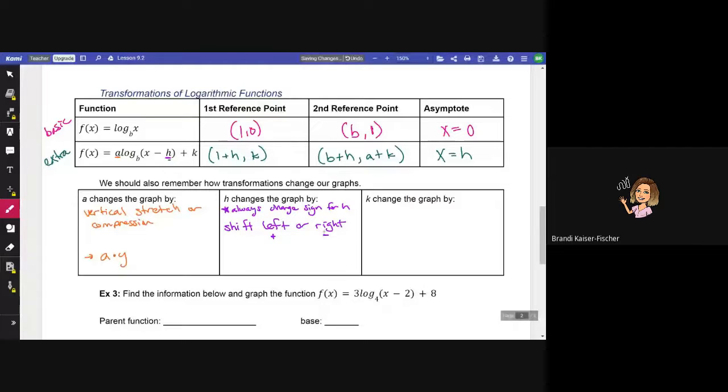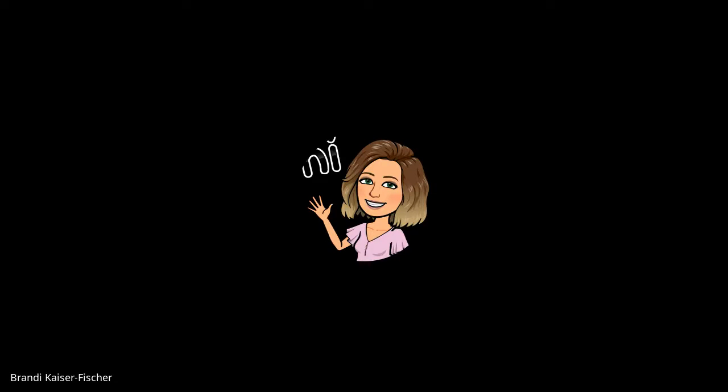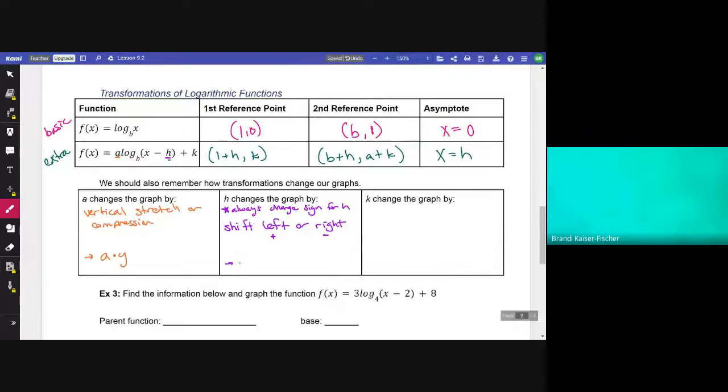It's the opposite of what you would think. In order to determine how this is going to move your point, you would take whatever your x value is and add or subtract h, whatever sign that h has. That's how you're going to move left or right.